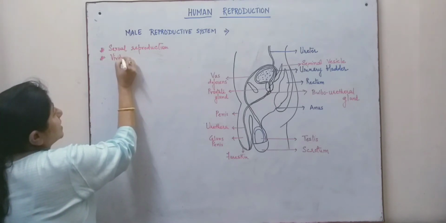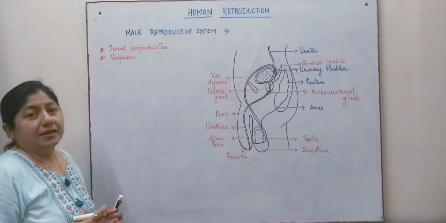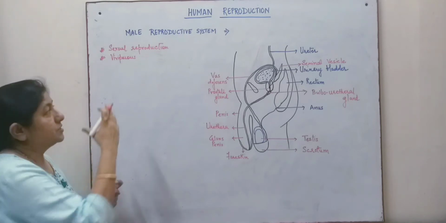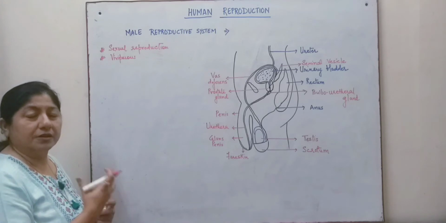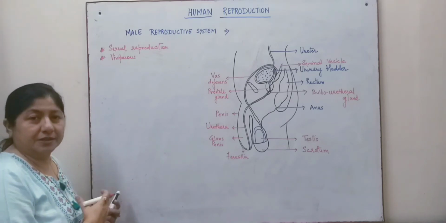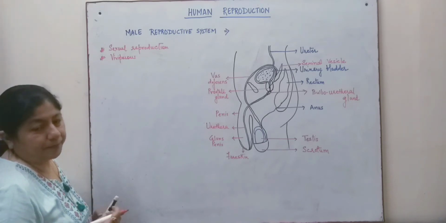That means they give birth to the young ones, and these young ones, due to the sexual reproduction, are a combination of the parents. That means some characteristics are from the paternal side and other few characters are from the maternal side.